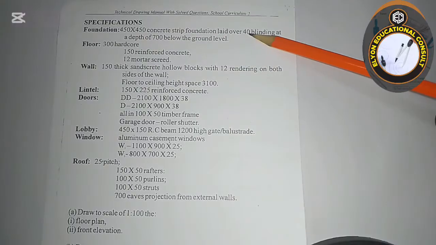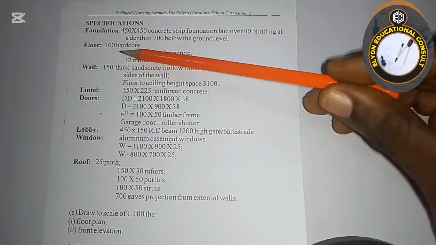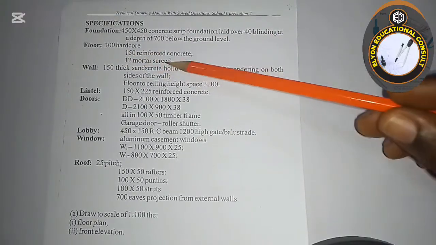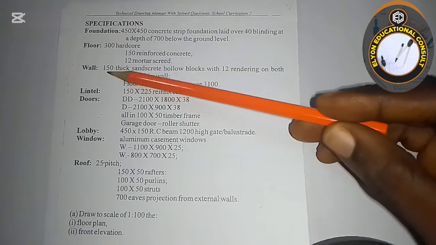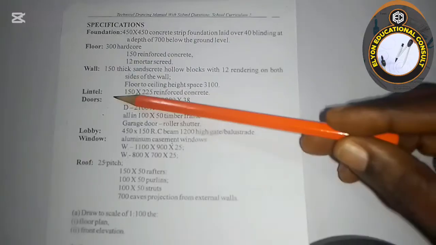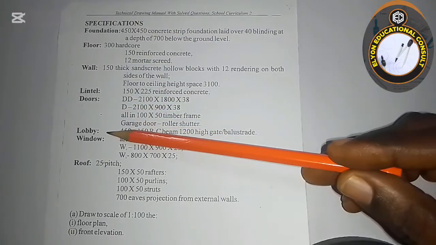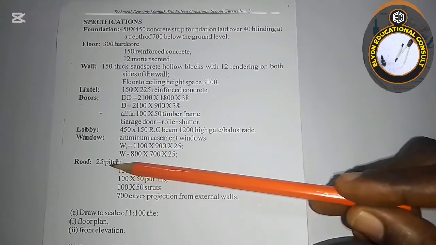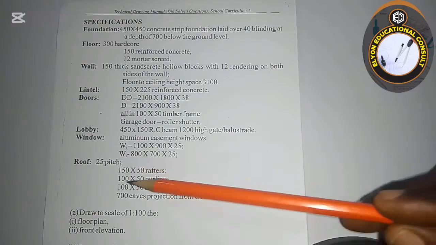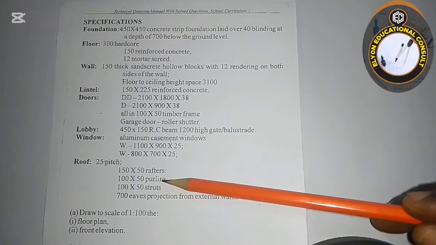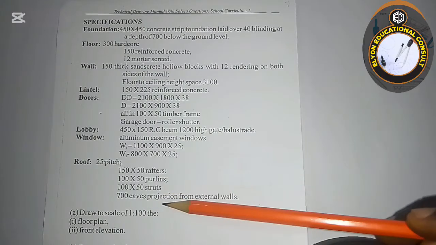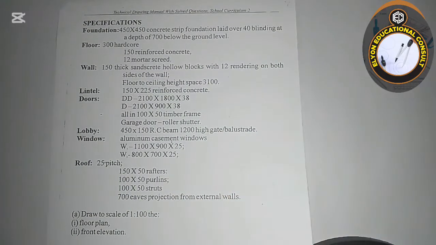This is the specification, the floor, 300 hardcore, all of this. I'm going to be explaining them in details much more later. The wall, you have this lintel, doors, lobby, window, roof, 25 degree pitch, and all of this, the rafter, purlin, struts, eave projection, and others like that.